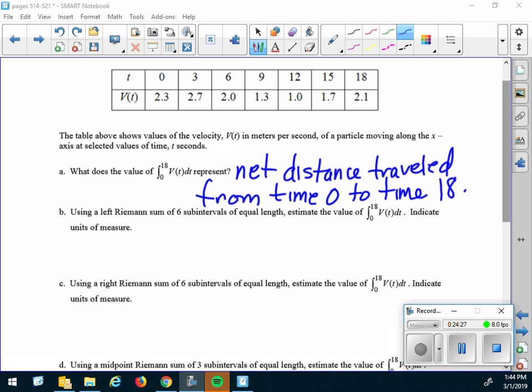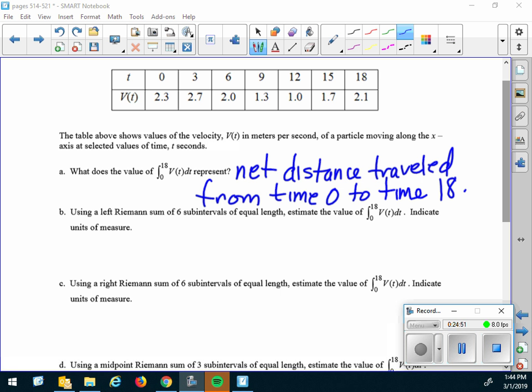Using a left Riemann sum of 6 subintervals of equal length, estimate the value of the integral from 0 to 18 of v of t dt. Indicate units of measure. I need 6 subintervals.